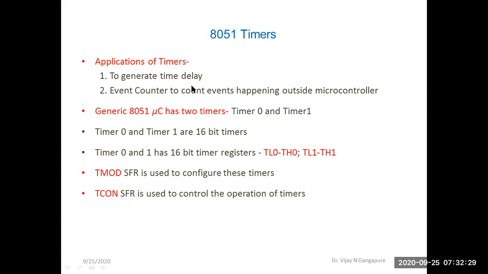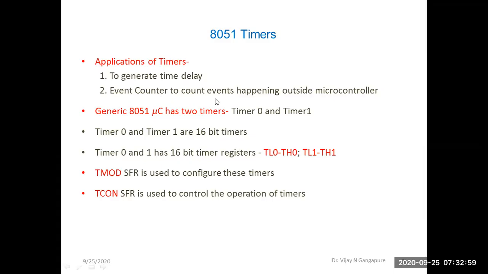And the second application is that we can use these timers, timer 0 and timer 1 of the 8051 microcontroller, to count events that are happening outside the microcontroller. One simple example is an application in which you count the number of persons entering a particular room.